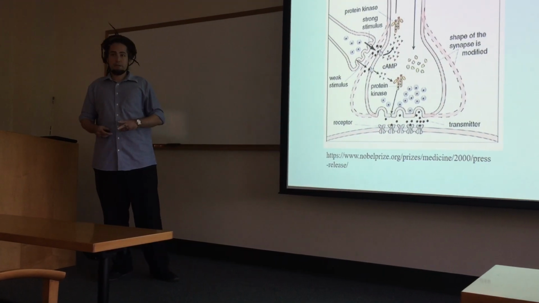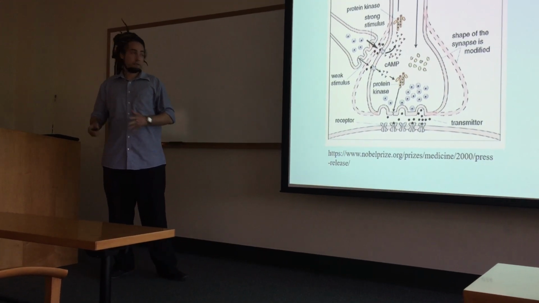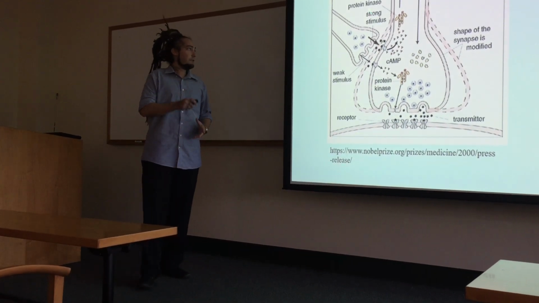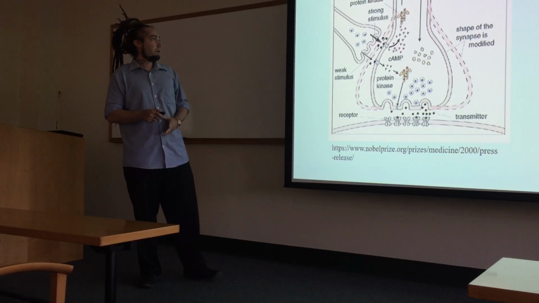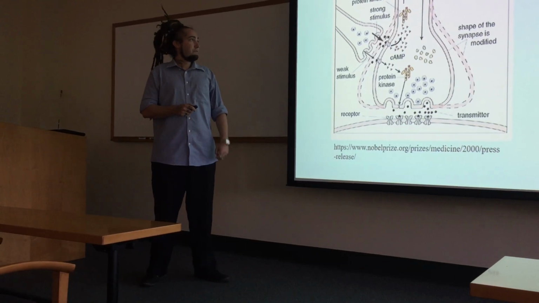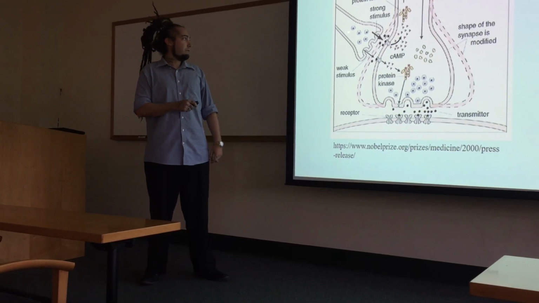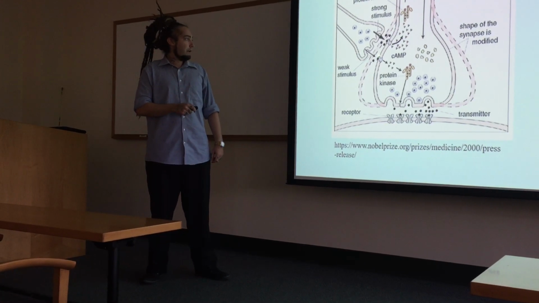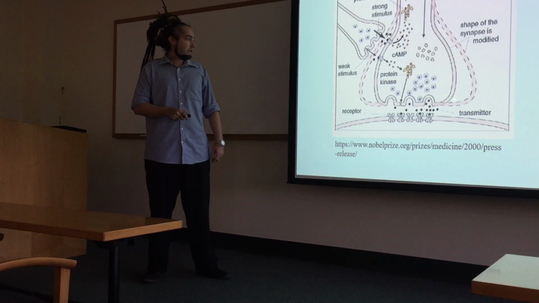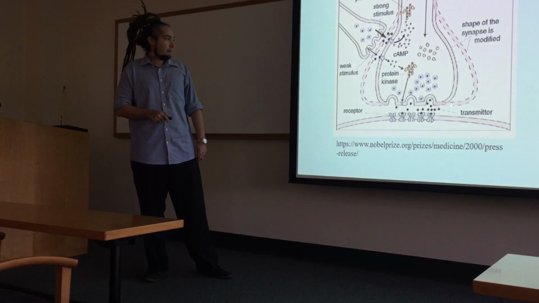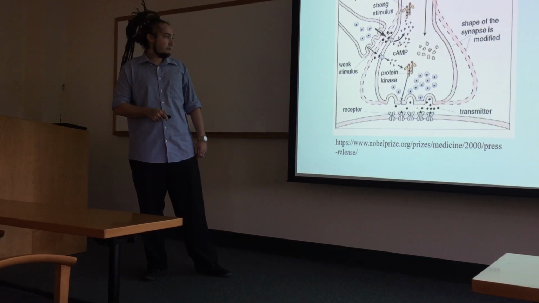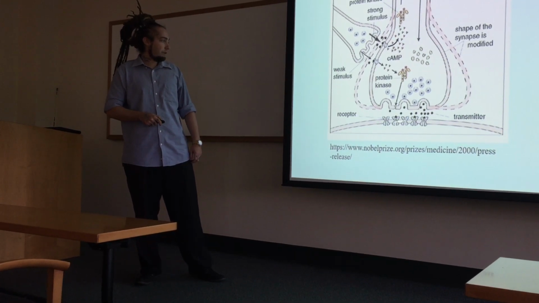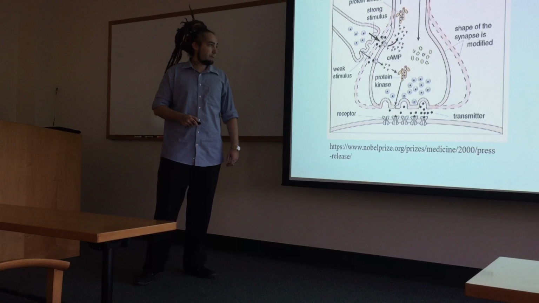There are two forms of memory that we are interested in: long-term memory and short-term memory. While this depiction looks a little busy, I'm going to walk through it. For short-term memory, we have a neuron giving a weak signal to another neuron, and the weak signal results in a greater release of neurotransmitter into the synaptic area, which results in a greater response on the receptor cell.